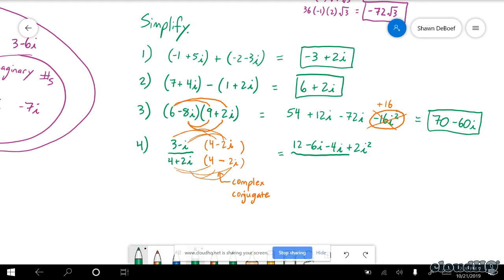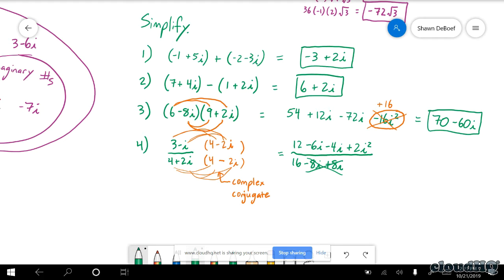We'll deal with that i squared shortly. In the bottom, 16 minus 8i plus 8i. Do you see right there why we use the conjugate? What's going to happen to those two terms? They're going to cancel. We have a negative 8i and a positive 8i. Those two are going to cancel out. We won't have an i term left anymore, and that was the goal. That wouldn't happen unless we use the conjugate.